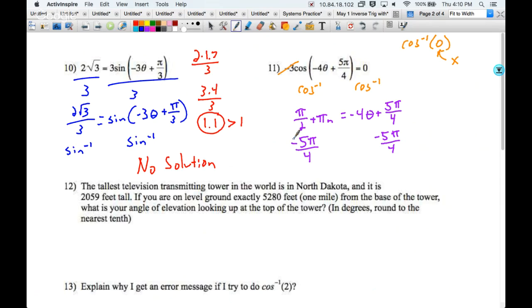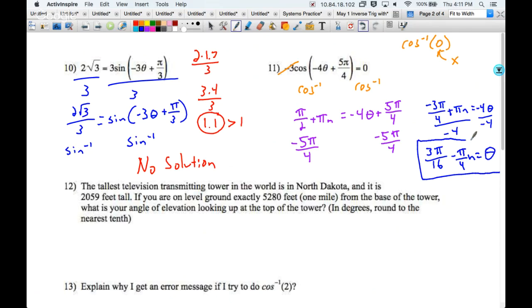So 2 pi over 4 minus 5 pi over 4 is going to be negative 3 pi over 4 plus pi n equals negative 4 theta. Divide everything by negative 4. And we get 3 pi over 16 plus, well, actually it's a minus, pi over 4 n equals theta. And that's our final answer.